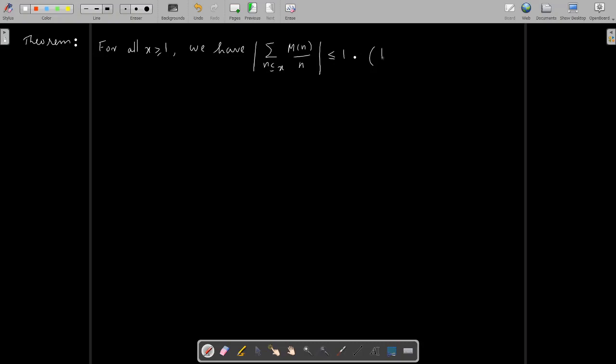Here equality holds only if x is less than 2.